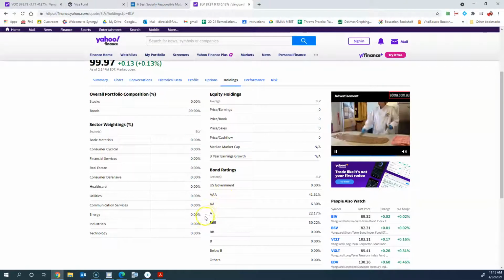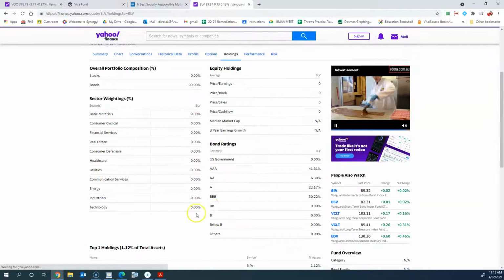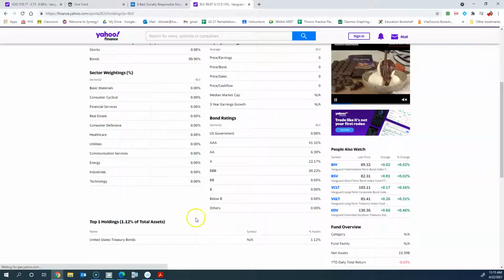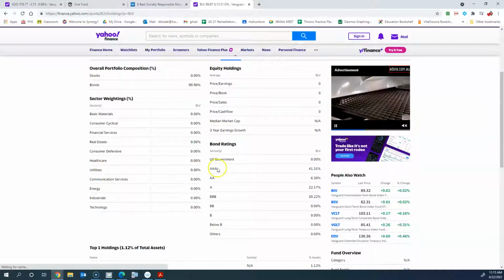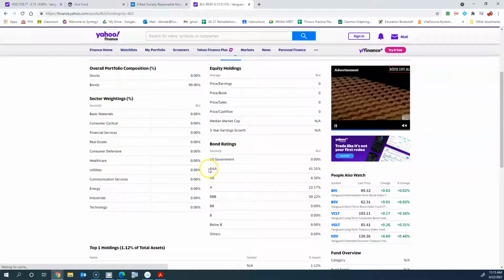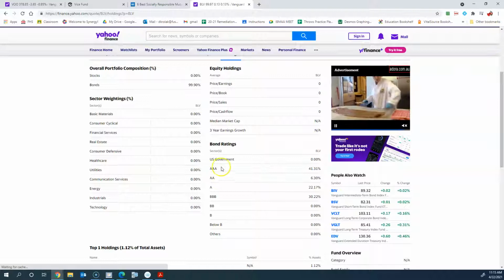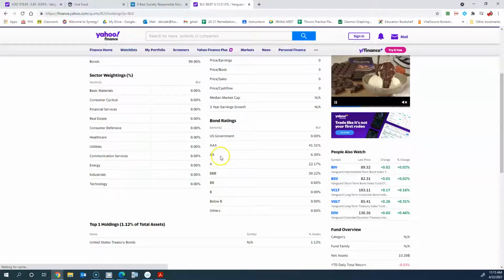Then you have rating systems: AAA bonds, AA, single A, triple B, double B, single B, and then there are ones below that, C, and even ones called junk bonds. So the higher the letter, the better the bond, the safer it is. AAA is a pretty safe bet. Double A is not so good, single A, and as you go down the letters, B's aren't as good as A's.